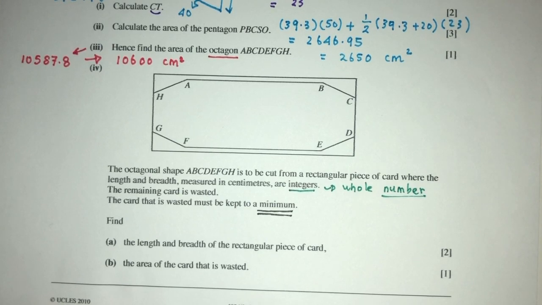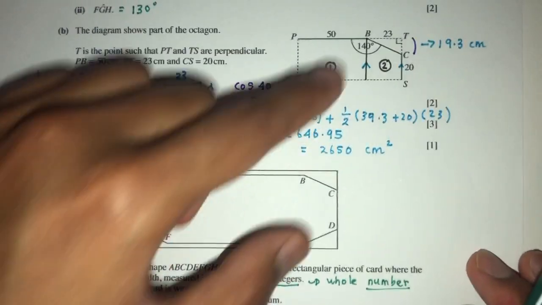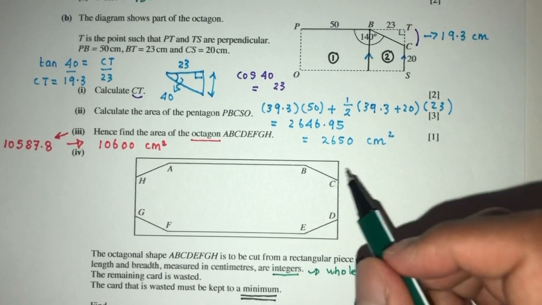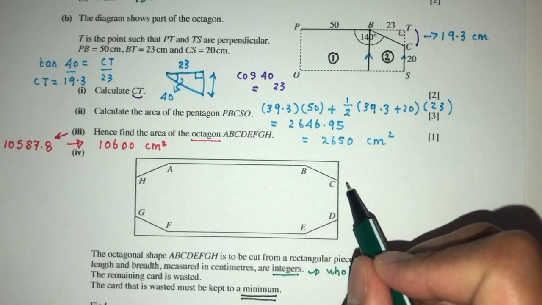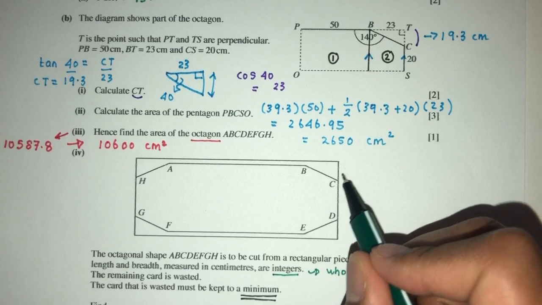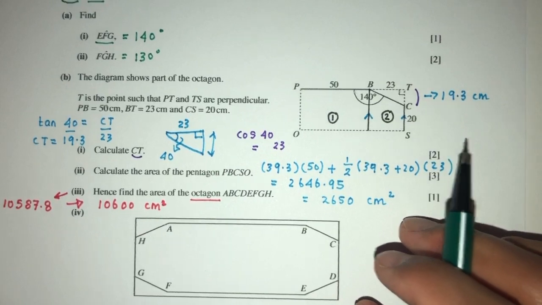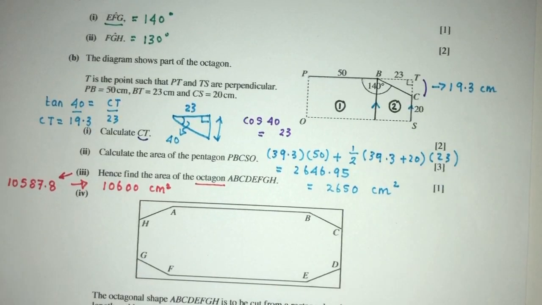Now, part 1, we have to find the length and the breadth of the rectangular piece of card. Pretty easy. According to all this we have seen, we know that this has to be what? So from here, let me draw this shape so we can have an idea.